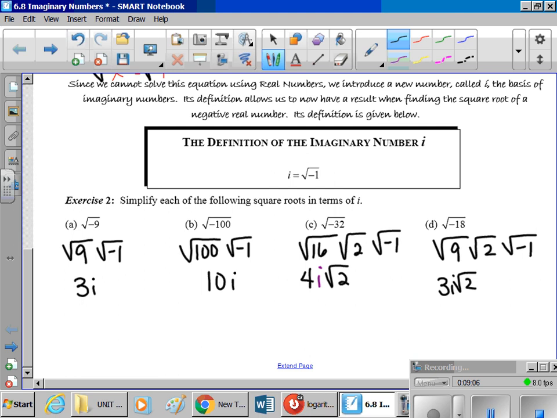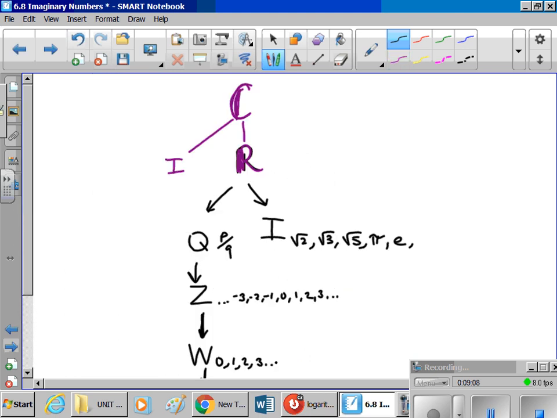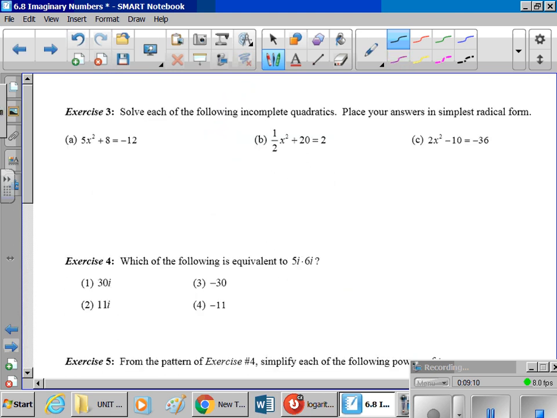Moving on. Exercise 3 says, solve each of the following incomplete quadratics. Place your answers in simplest radical form. So we're going to solve these the same way we solved the other ones. 5x squared is equal to -20.